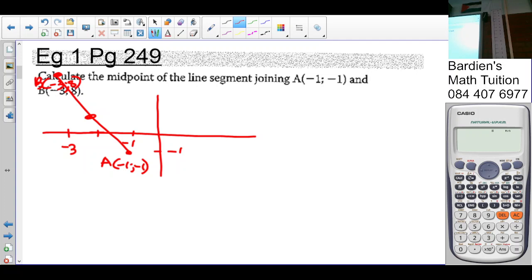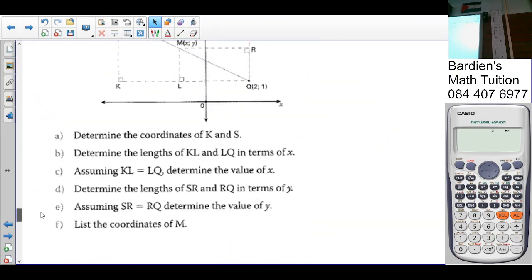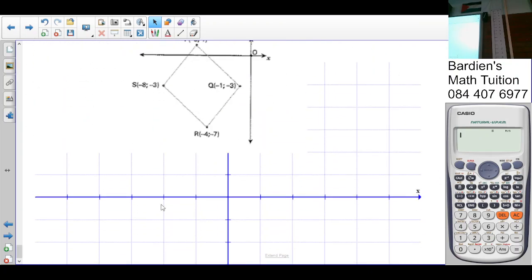Let's check here. Take out the proper Cartesian plane.